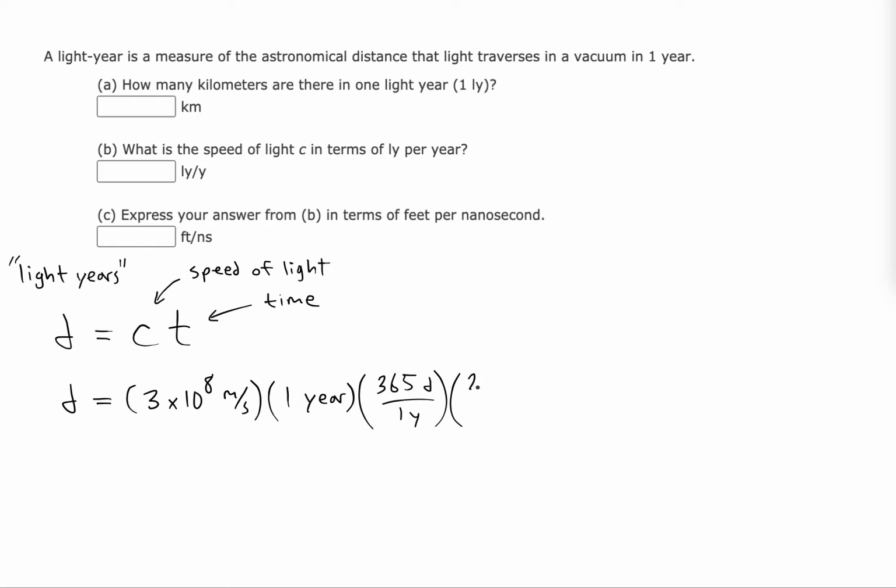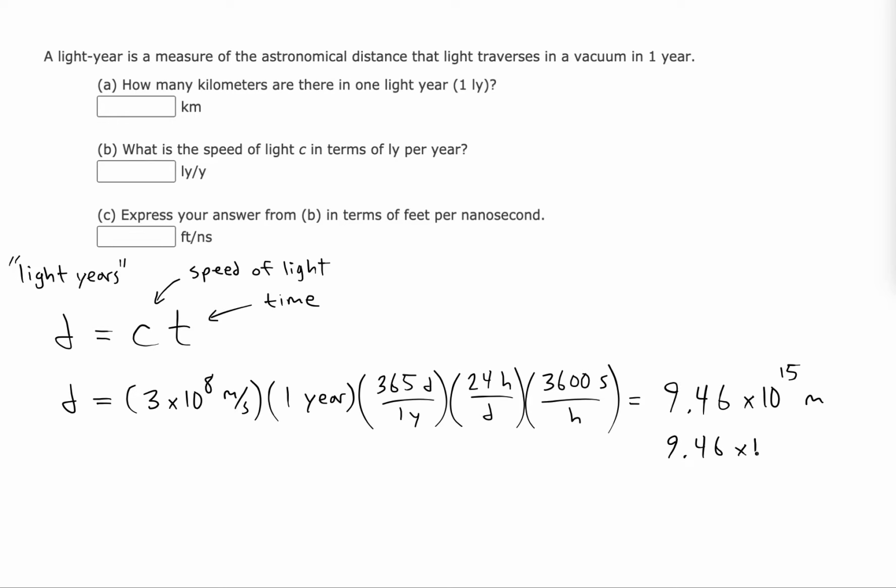There are 24 hours in a day and 3,600 seconds in an hour. Let's see what we get from that. 9.46 times 10 to the 15 meters, or in other words, 9.46 times 10 to the 12 kilometers.